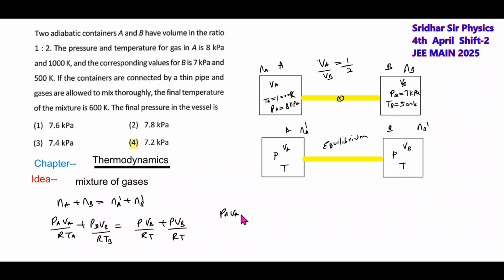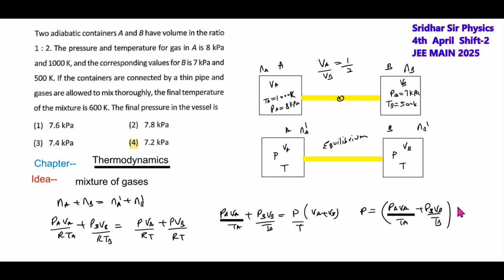So PA VA by TA plus PB VB by TB equal to P by T into VA plus VB.